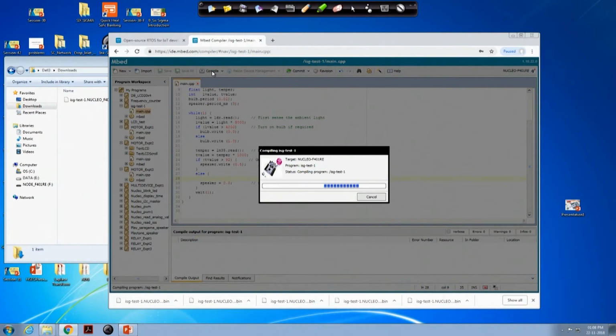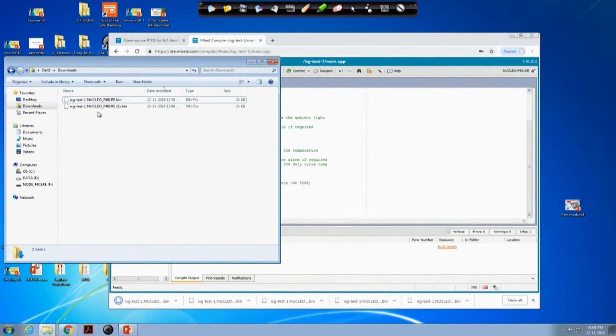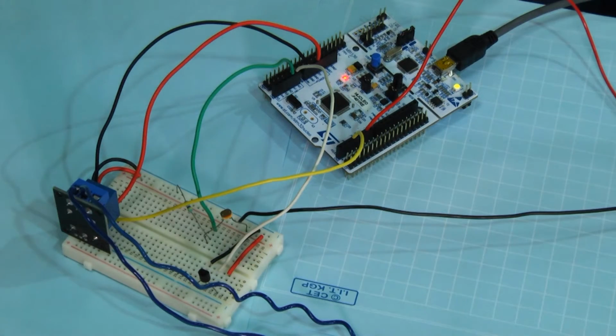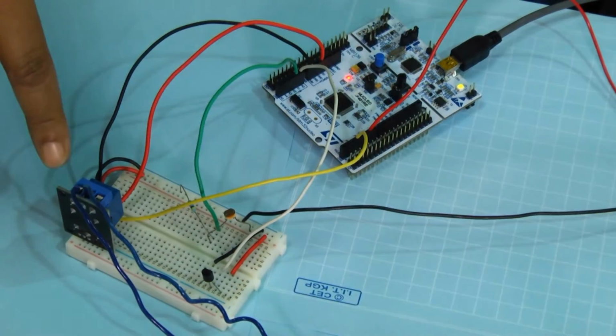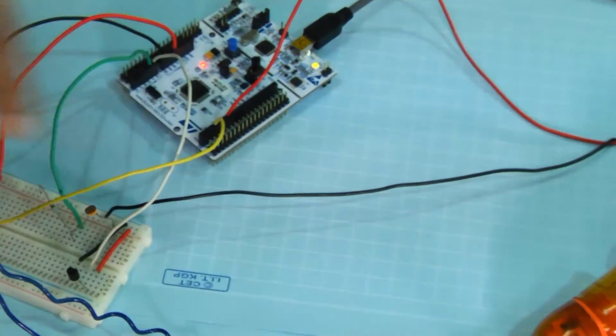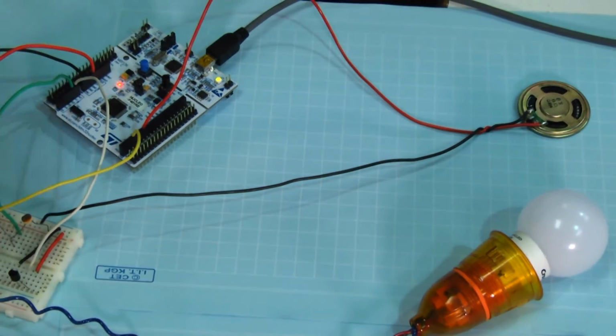So, we compile it, we save it, copy and paste. Now, let us come to this circuit now. Now, see, we have used that same light interfacing circuitry as we had shown earlier, a relay, a bulb with a switch connected to mains, and we have used the same LDR circuitry.